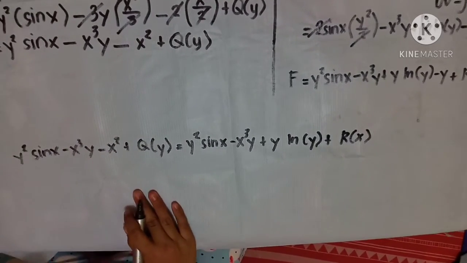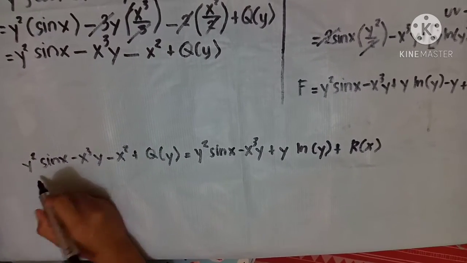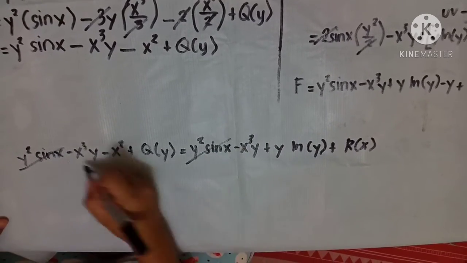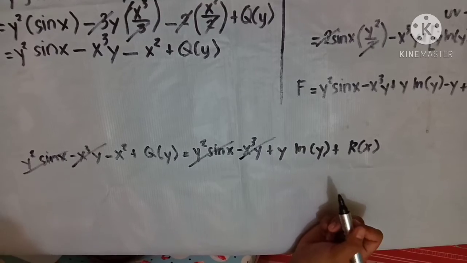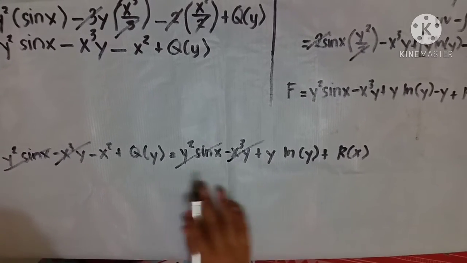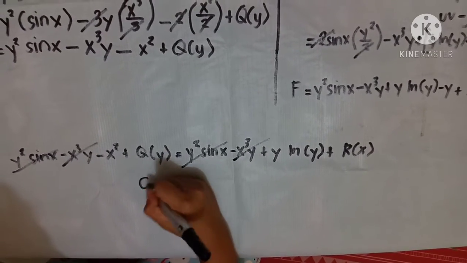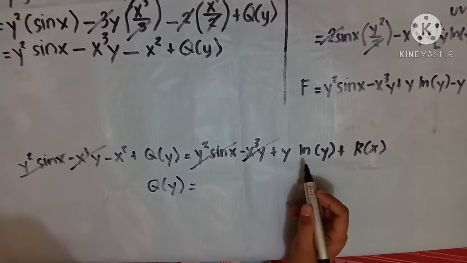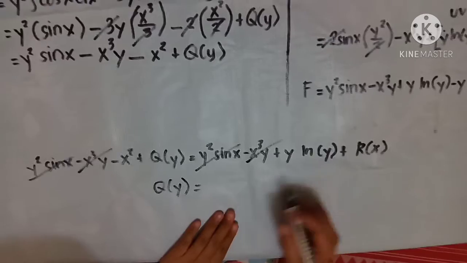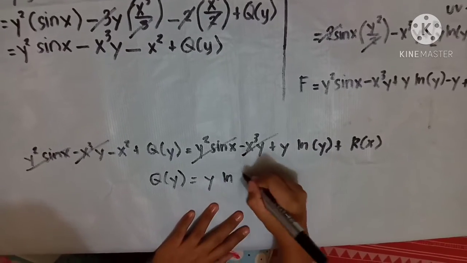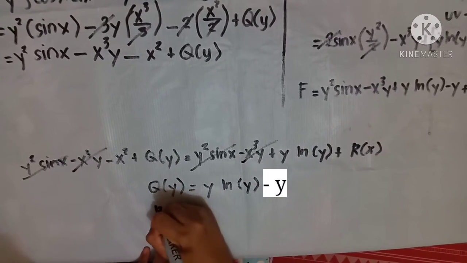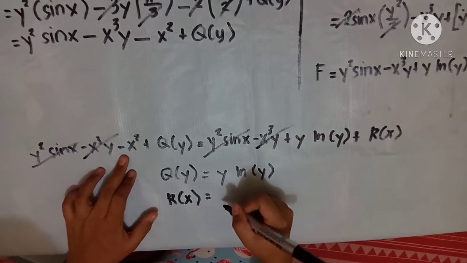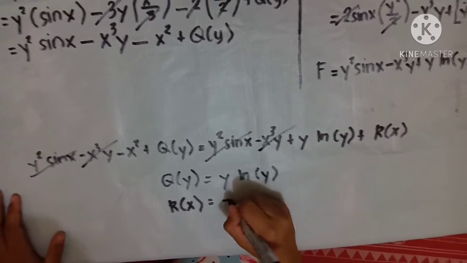So we can see that y squared sine x can be cancelled, as well as the negative x cubed y, and there's nothing more. So we will have then our value of q of y, which is y ln of y, because it is purely in terms of y, and our r of x is negative x squared, because the same, it is purely in terms of x.